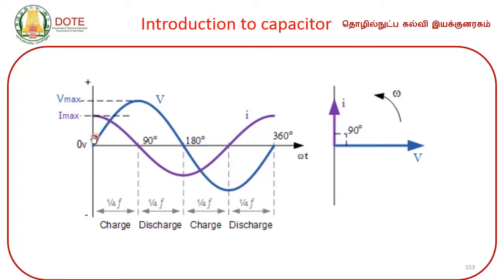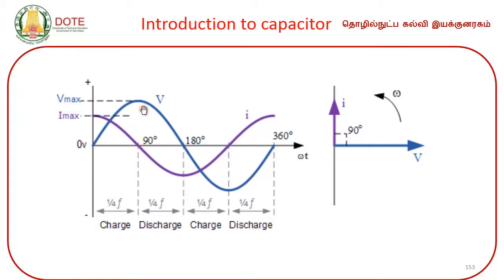Now look at the waveform. In the purple color waveform, current waveform, blue color voltage waveform. So when voltage is 0, current is maximum, current reaches its maximum. So current leads 90 degree by voltage waveform, right? So this is charge, capacitor charge ஆகுது, voltage capacitor discharge ஆகுது. ஸோ capacitor charge ஆகும்போது capacitor full charge ஆன உடனே அப்போ current போகாது.